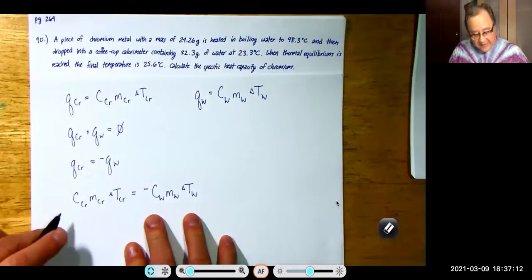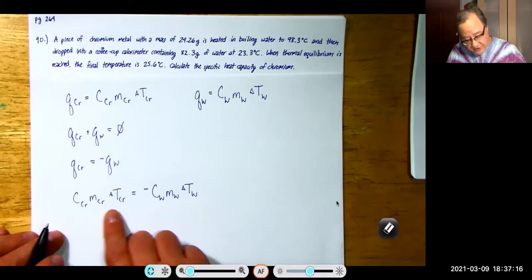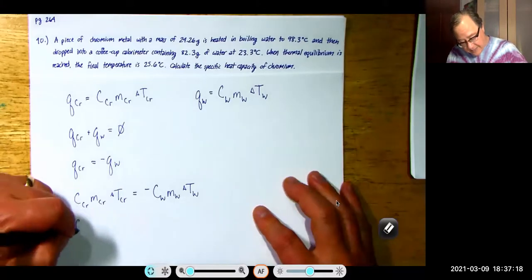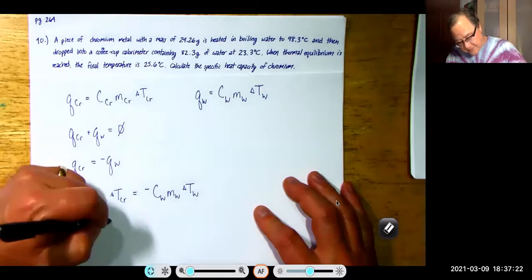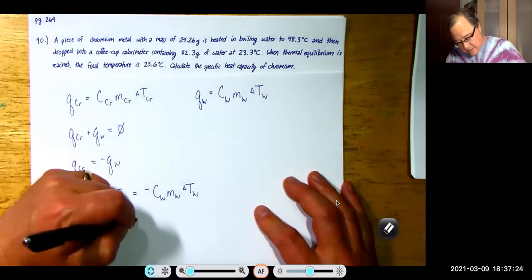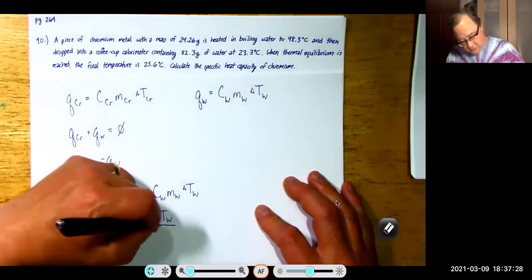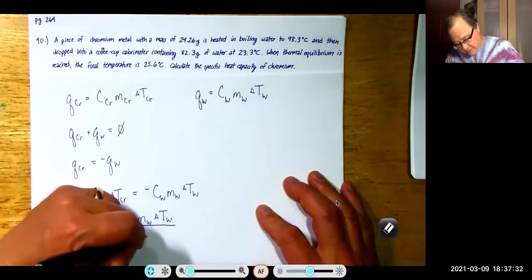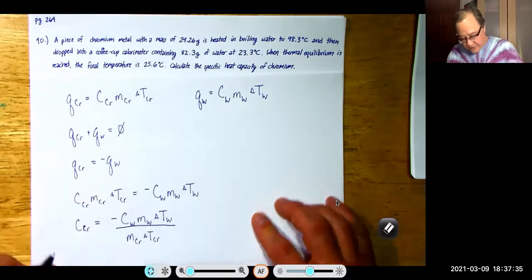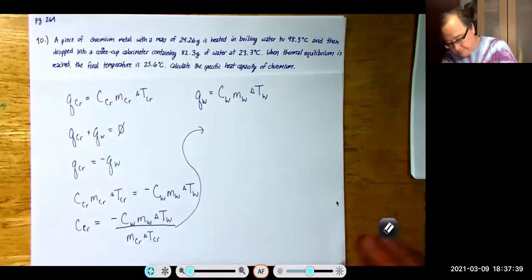And then I can divide both sides by mass of the chromium and change in temp of the chromium, and I get this. The specific heat capacity of the chromium is negative specific heat capacity of the water, mass of the water, change in temp of the water, all over mass of the chromium, change in temp of the chromium. So let's take this equation and figure out that specific heat capacity of chromium.